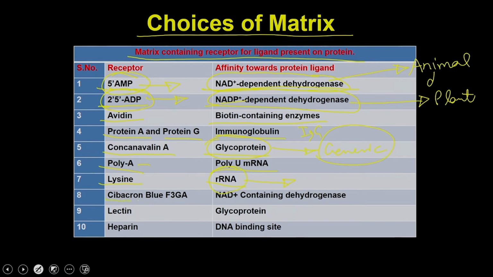Then this is an example of dye-affinity chromatography, where the Cibacron blue F3GA, called blue sepharose, has the affinity for NAD plus containing dehydrogenases. Then you have the lectin having affinity for glycoproteins, and then you have the heparin sepharose, which has the affinity for DNA binding proteins.